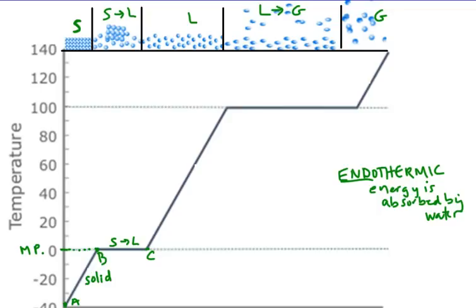From point C to point D, we have a liquid that is heating up. From point D to E, we have the liquid turning into the gas. And from point E to point F, we have a gas that is heating up.